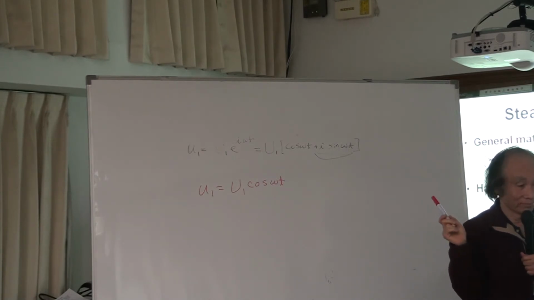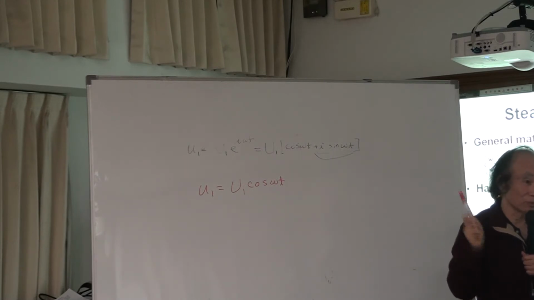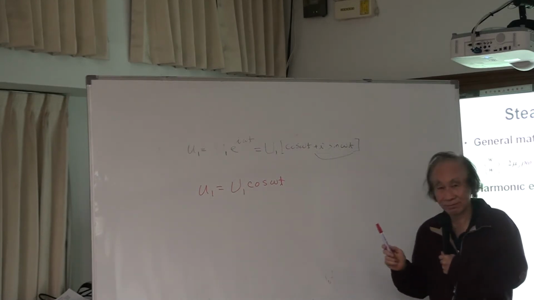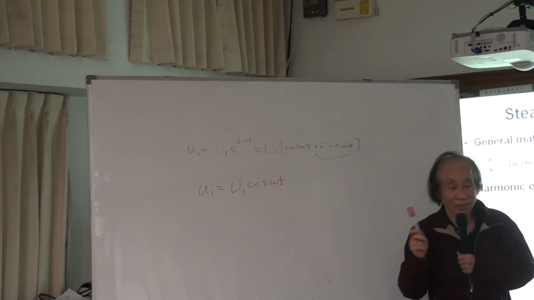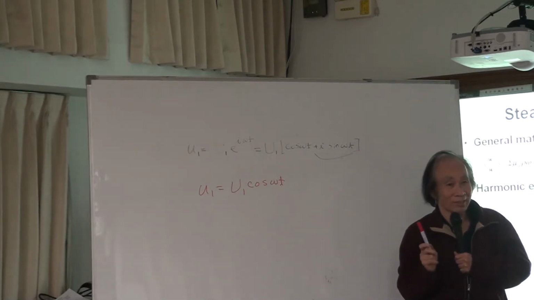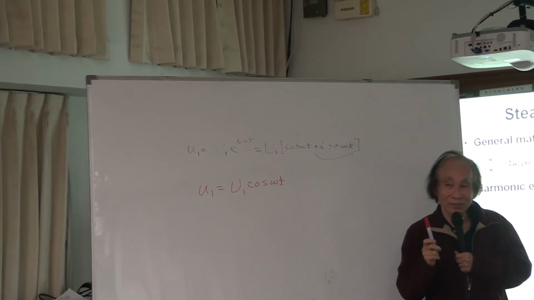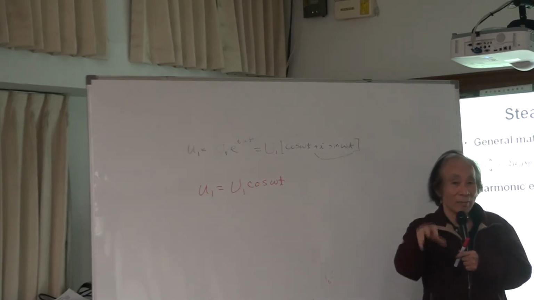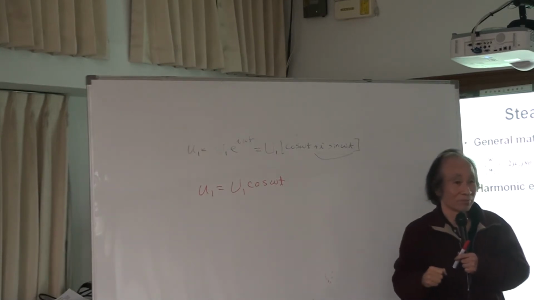After you solve it, you have to be careful with the solution because you have something which is not real. So you have to take the real part of your solution out.